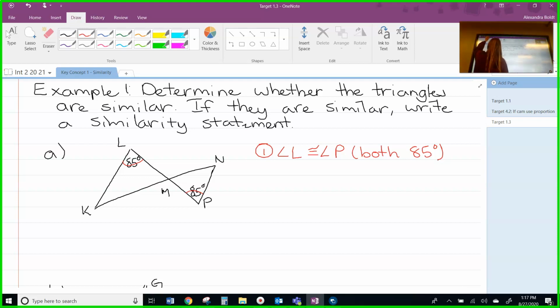So this is probably something you learned last year, and a good thing to remember is anytime these lines cross, these angles in the middle are congruent. Okay, so I'm going to write that down here.